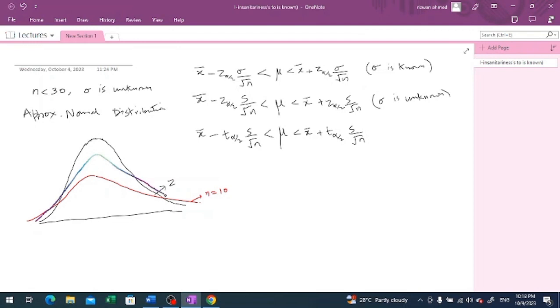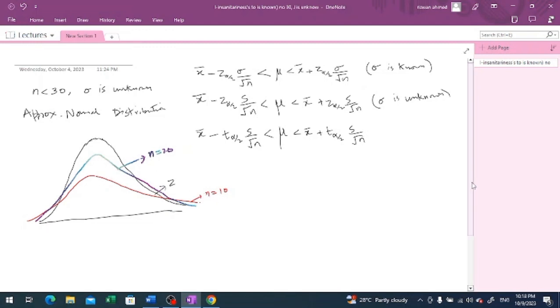That will roughly lie between the Z curve and the sample size of 10 curve.